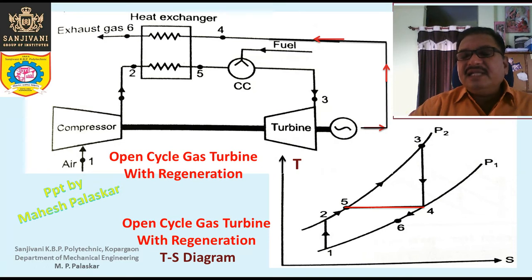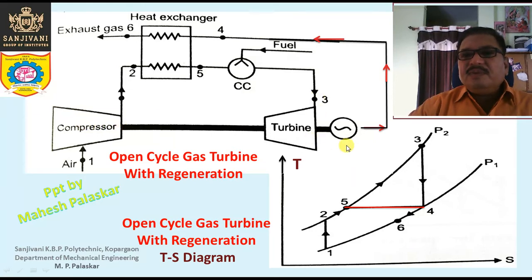The high speed jet of the gases will hit the turbine blade and impart its kinetic energy to the turbine, and the turbine will rotate, and thus the mechanical power or mechanical energy is produced at the turbine shaft. The turbine shaft may be coupled to some device like the generator, which will utilize the power developed by the turbine, and some part of the power developed by the turbine is utilized to drive the compressor, right?